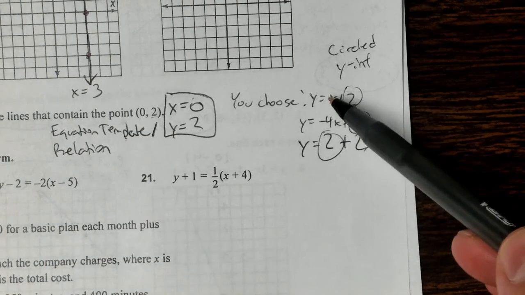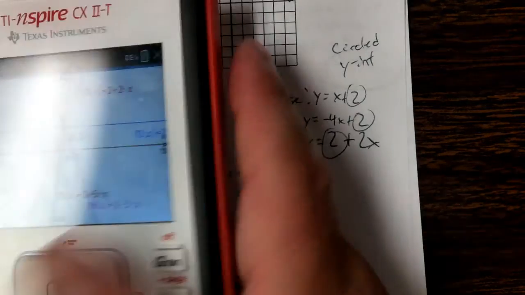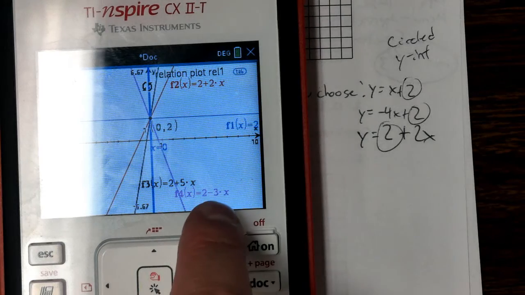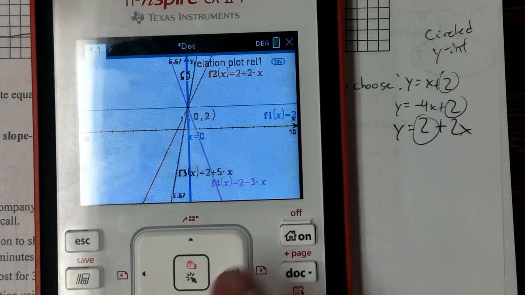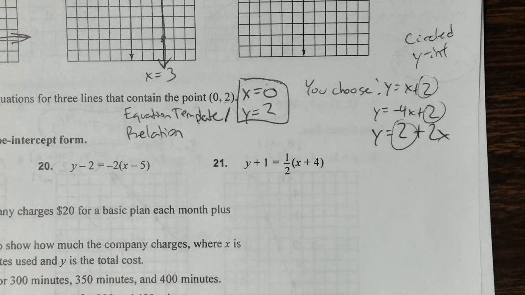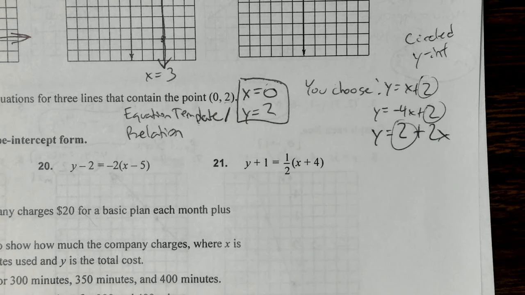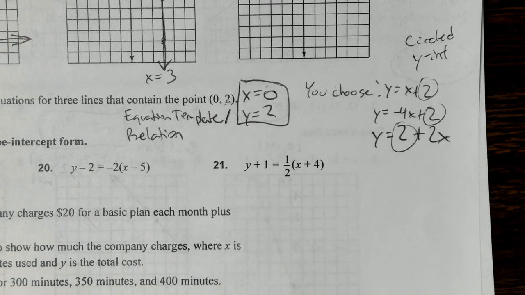Then you can have a slope of 1, a slope of negative 4, a slope of 2. It doesn't really matter. A slope of negative 3, a slope of a half, whatever you want. But as long as you have your y-intercept of 2, then it works. So you have these two, and then you choose one or make up your own. Any questions? Okay.